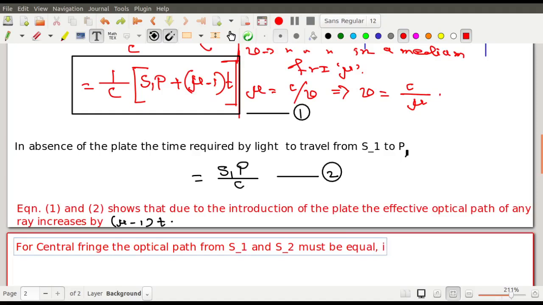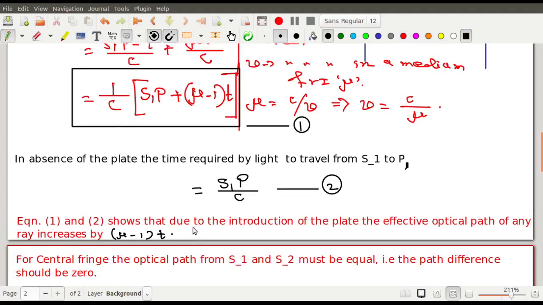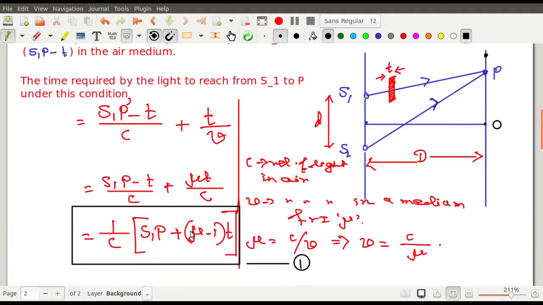Must be equal. That is, the path difference should be 0. That is what a central fringe is. The path difference must be 0 for this particular system, right?